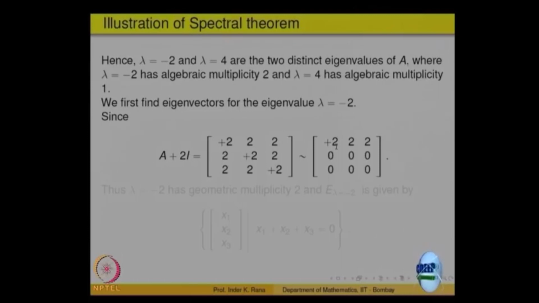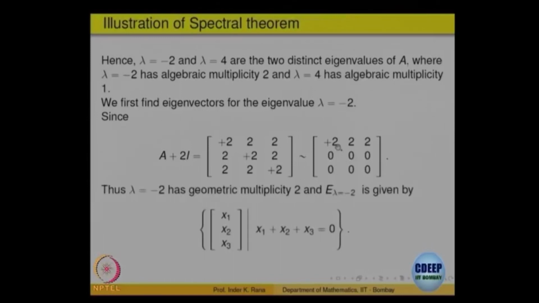That gives you one solution, and second, put x2 equal to 0 and x3 equal to 1, which gives you another solution for the same eigen subspace, a null space. Those two are going to be linearly independent automatically, because we have chosen x2 and x3 suitably.